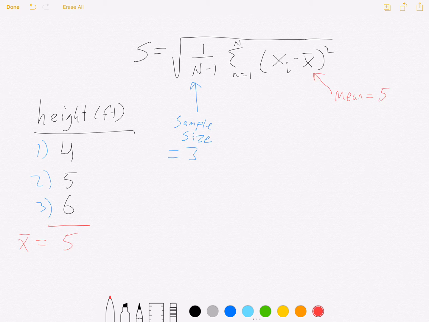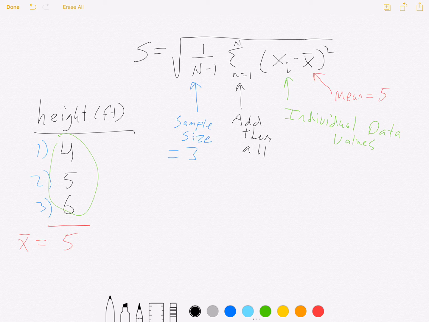Okay, and the individual data points get plugged in here. And this just means add them up.